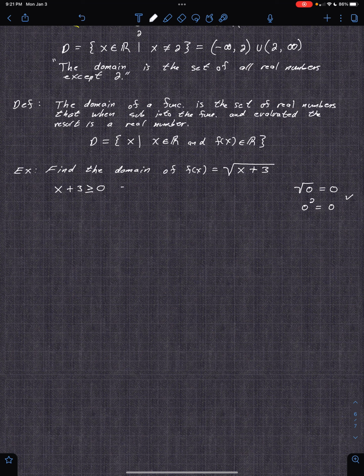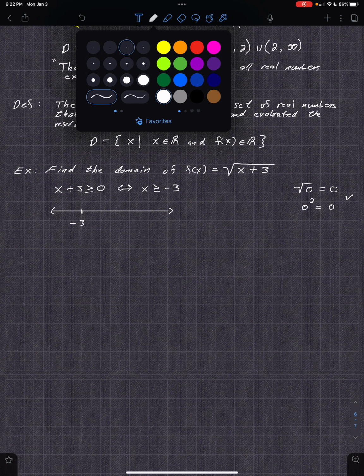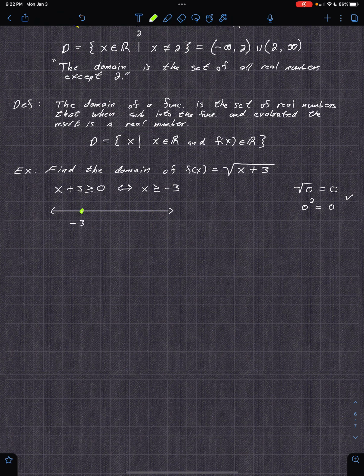And then you solve it. That's equivalent to: if and only if x is greater than or equal to negative 3, just subtracting 3 on both sides. And if you're asked to graph that, be able to do that. So you would graph it like this. You go to negative 3 here, and you include it, and you approach infinity.